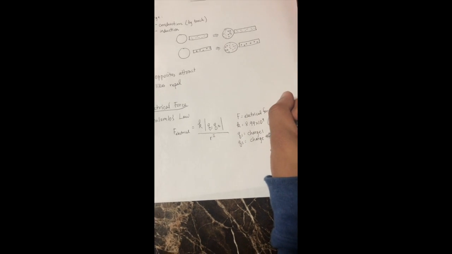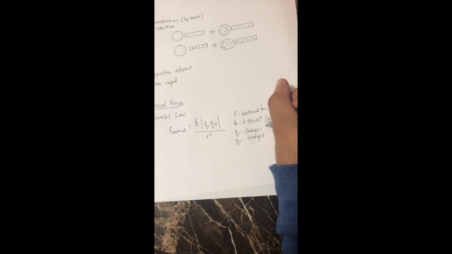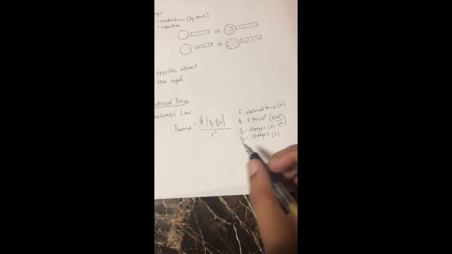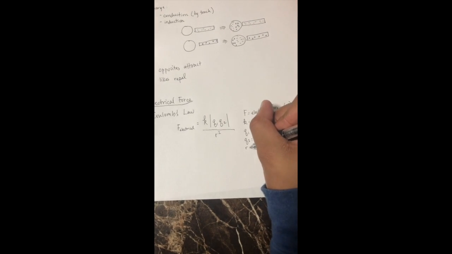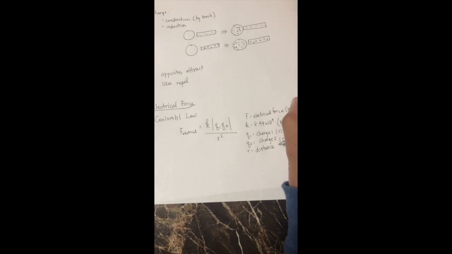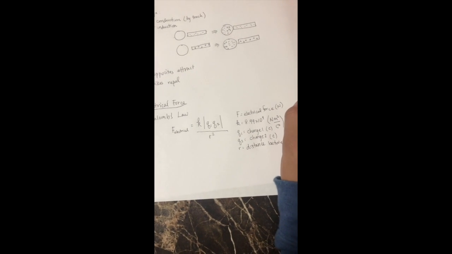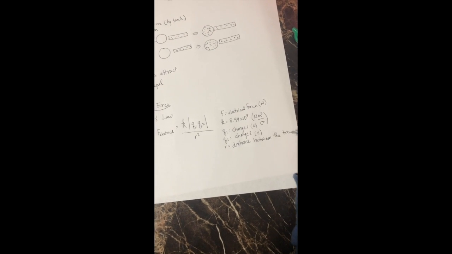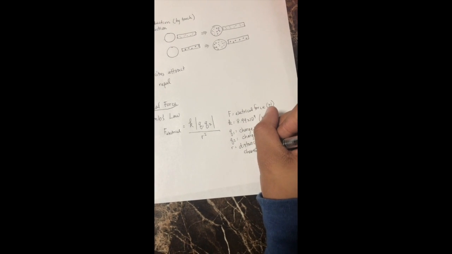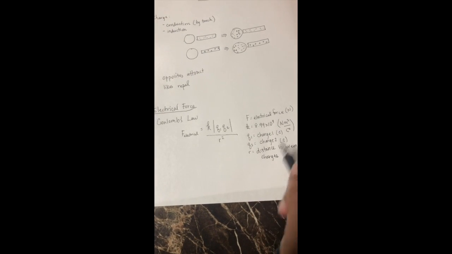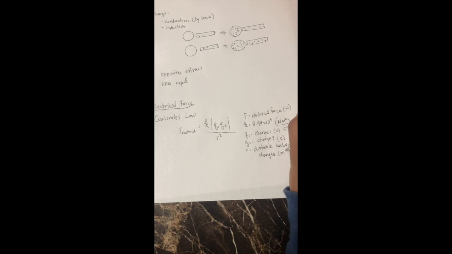And remember that the unit for charge is coulombs, so it's just going to be C. And then R is the distance between the two charges, and that's going to be in meters.